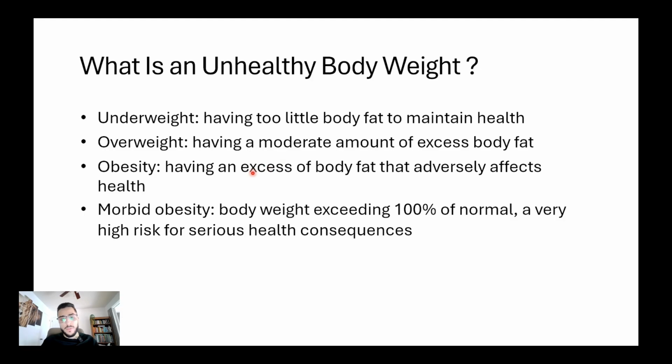Obesity is when you have too much fat and it's starting to affect, basically, morbidity. And then you have morbid obesity. This is when you have double your healthy body weight or more. So let's say, for example, if your healthy weight is 60 kilos, well, you're at 120, right? So this is morbid obesity, and this is guaranteed serious health consequences within a span of 5 years.